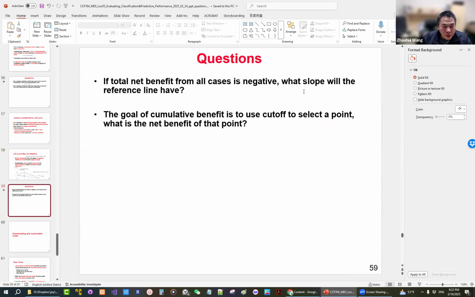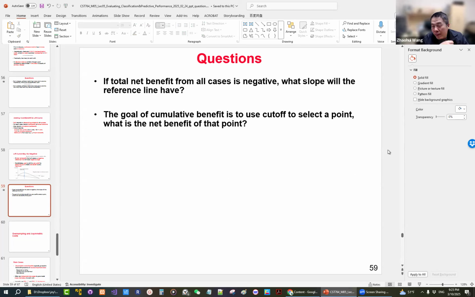Okay, next. So the slope will be negative for the reference line if the benefit is below 0. Second, the goal of the cumulative benefit is to use a cutoff to select a point. What is the net benefit of that point? What's the location of that point for the net benefit?